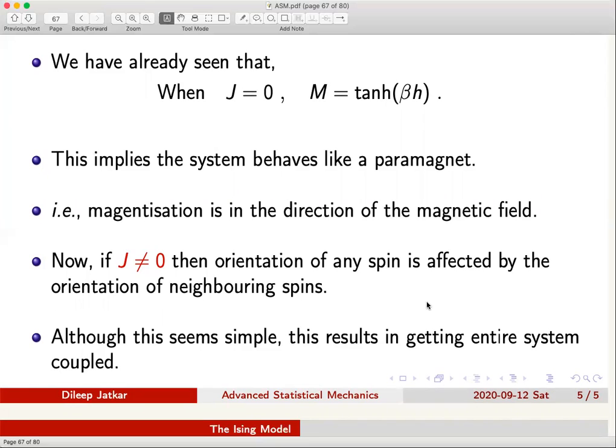Suppose you are looking at the one-dimensional Ising model, and you pick any random spin. It typically has two neighbors, unless you are looking at the end of the line spin.